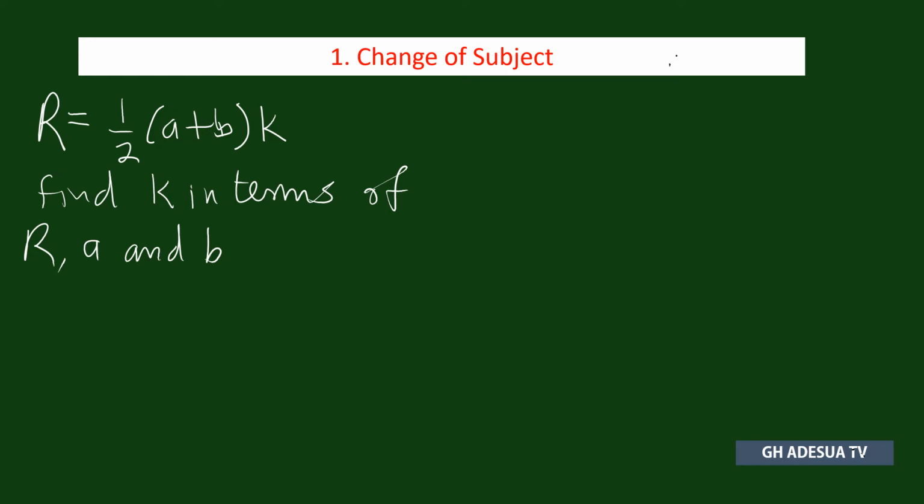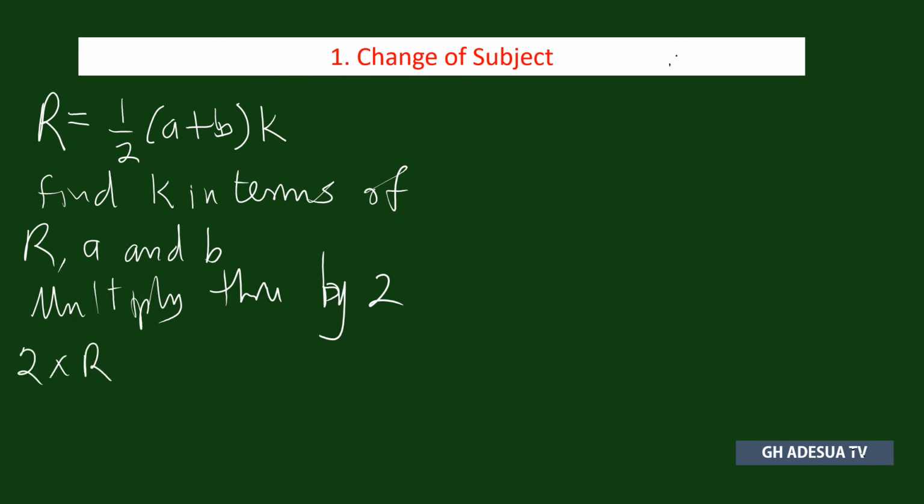So our first step is to multiply through by 2. Why are we multiplying through by 2? So that the denominator of 2 of the fraction half would be cleared. So we would have 2 times R is equal to 2 times half into bracket A plus B K. Now note that the 2 that we multiplied on the right hand side was used once.